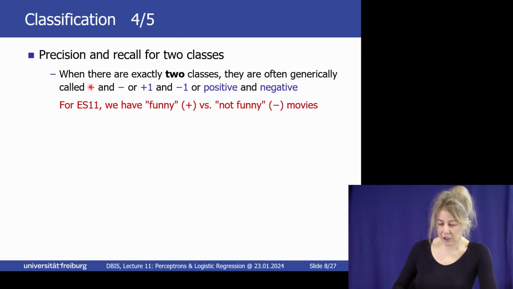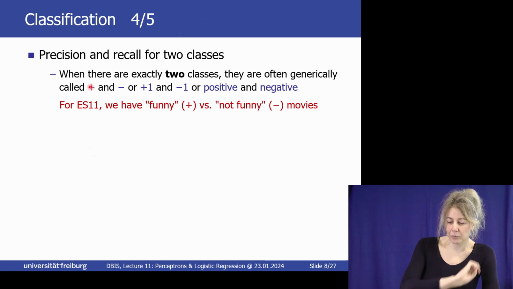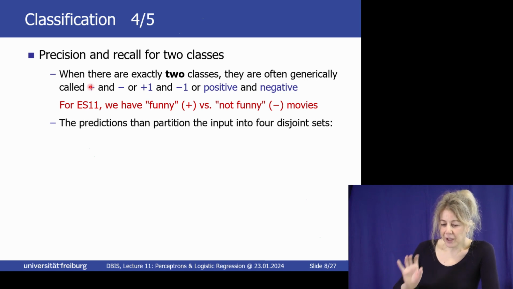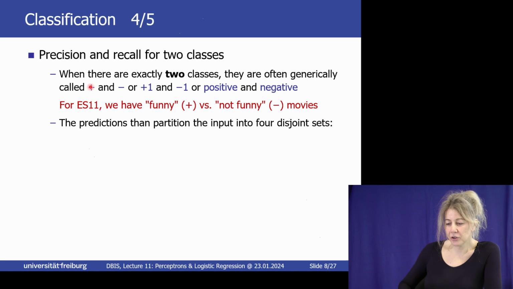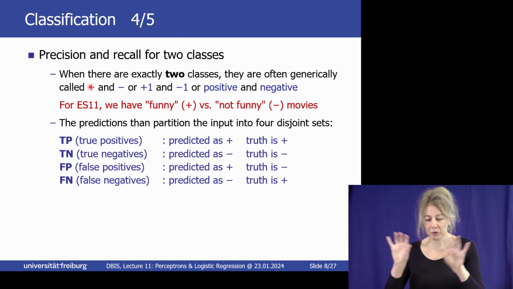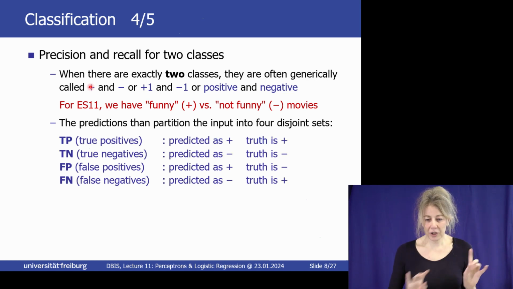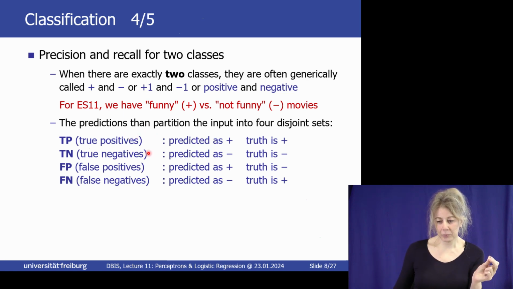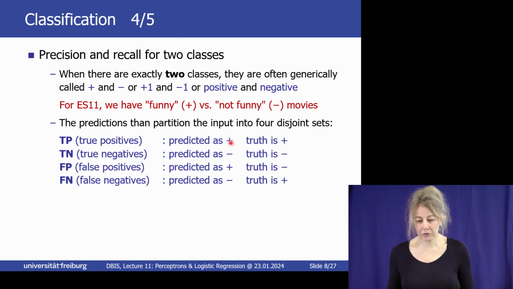So for our exercise sheets, funny are the plus examples, not funny are the minus ones. So you have a certain property, is it fulfilled or not, funny in this case. And then your predictions partition the input into 4 sets. It's a partitioning. So each element exactly has one property, and you just look at what is the prediction, what is the truth, and all 4 combinations.